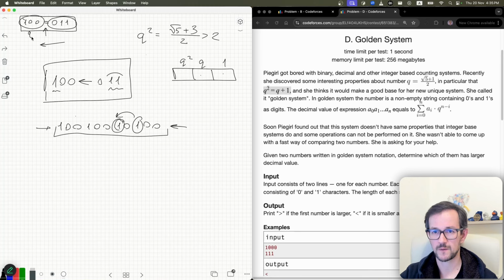So what I will do is transform my number to some canonical representation, by applying an operation which simplifies the number. The operation is like this: I get from 1 1 to 1 0 0. Now I will apply this operation multiple times. Let's see how you do it.